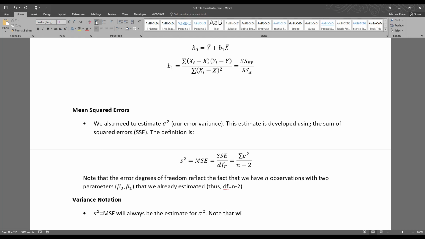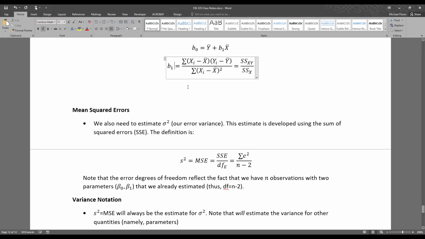Note that we will estimate the variance for other quantities, namely the parameters. So we'll be talking about the variance of beta 1 and beta 0, but we'll include notation to distinguish it.